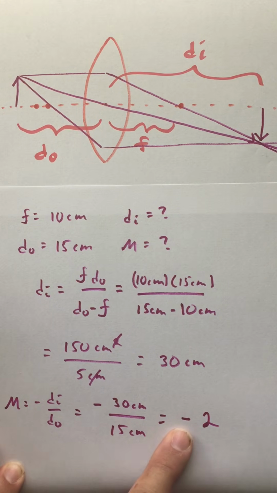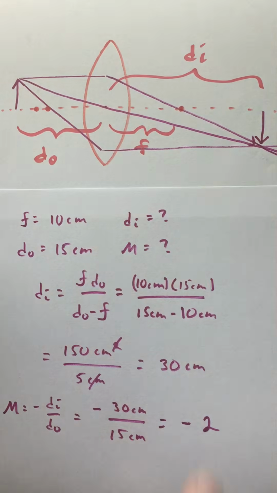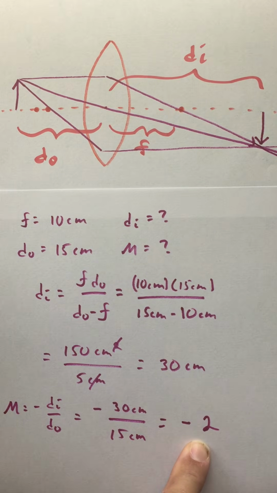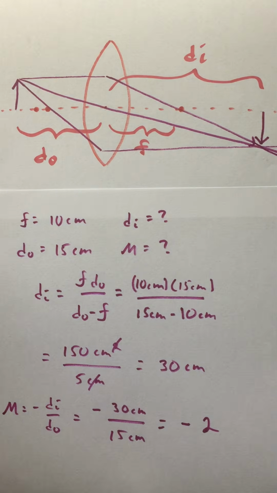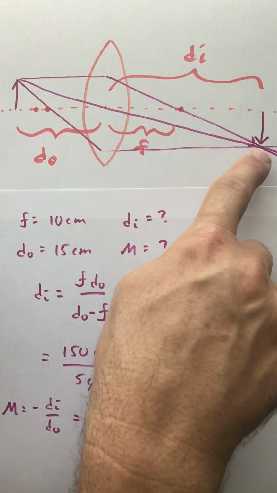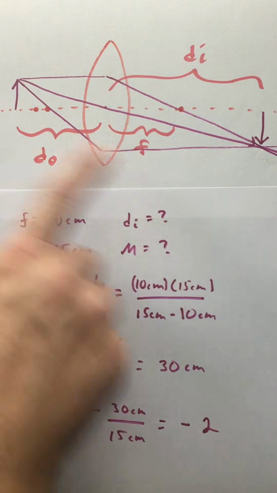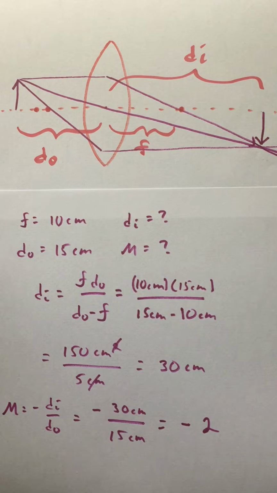Okay, so the minus tells me that my image should be inverted. Check. And it tells me it should be twice as large. So I look at my drawing and go, that's definitely not twice as large. But can I reasonably justify going, okay, it probably doesn't look twice as large because I'm just not a good artist? And I can say, yeah, probably so.